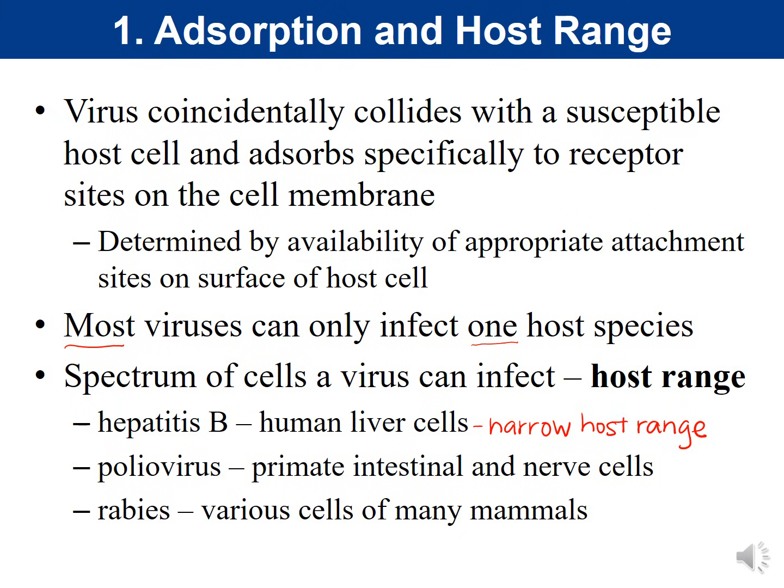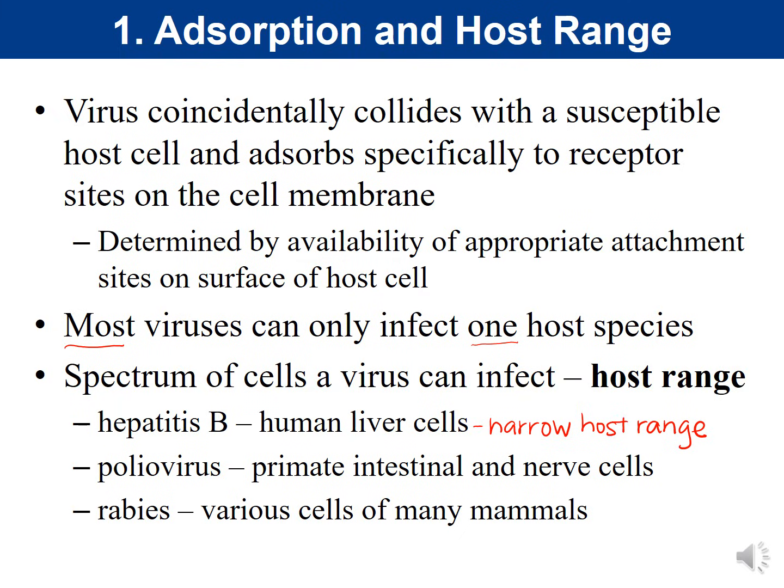Additionally, poliovirus has a little bit more broad of a host range, and now it's not only infecting human cells, but primates. Humans are a type of primate. Monkeys, for example, would be considered a primate. In this case, poliovirus can infect primate intestinal and nerve cells. So now we're getting a little more broad.